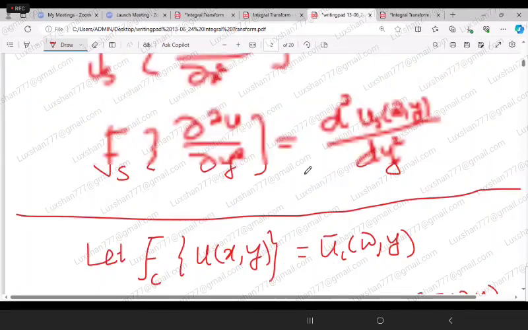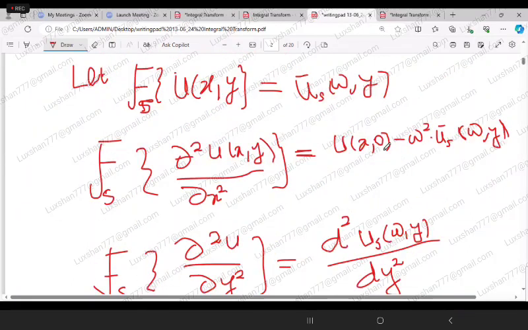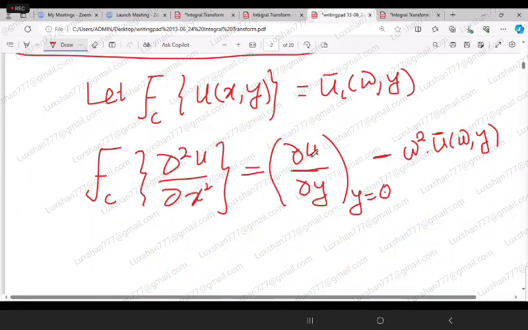Look at the difference. Cosine has the derivative of the function with respect to y, and this one.